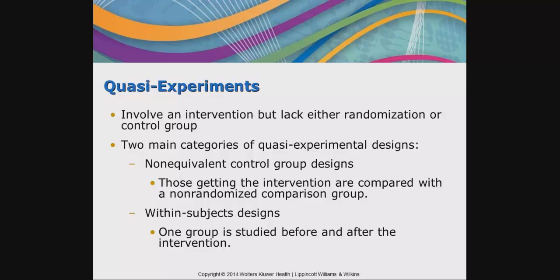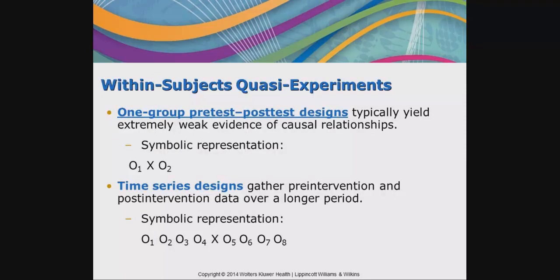And the beauty of that is that sometimes these naturally occurring groups or convenience samples really hold more real-world application of findings. But you're going to see quasi-experimental a lot because of the sampling. But remember, they lack randomization and or a control group.